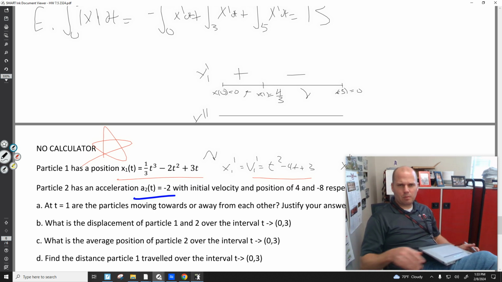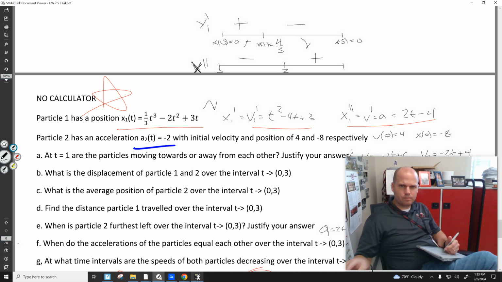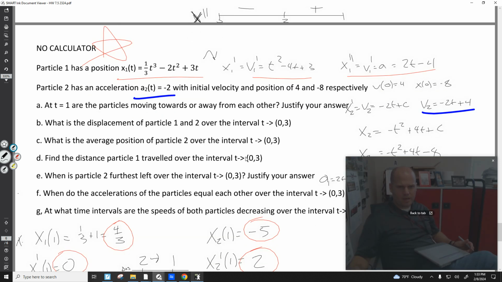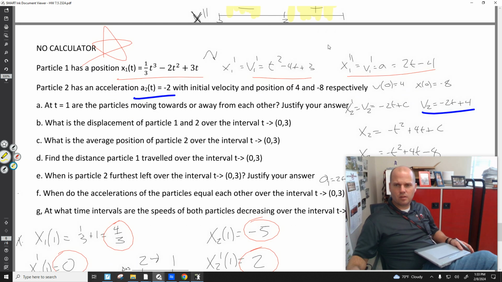So A for particle 1 is 2t minus 4, so we're looking at 2 as a sign change. A's sign analysis, this is the second derivative of position, is negative then positive. Cool. What are we talking about? Speeds decreasing. Speeds are decreasing when the signs of V and A are opposite. So here is an interval when these signs are opposite.